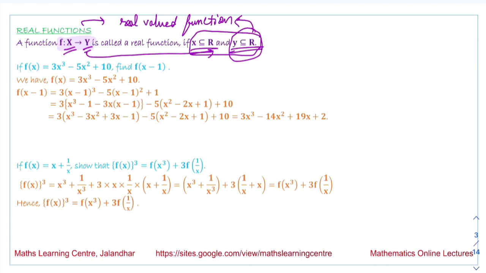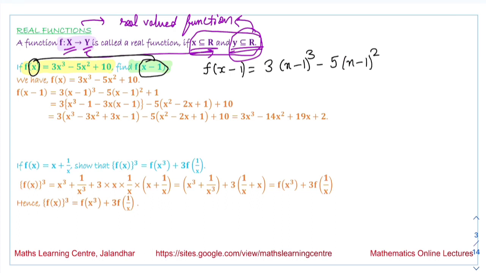The first example we have given over here is this function f(x) equal to 3x cube minus 5x square plus 10, and we have to find the value of f(x minus 1). It means in place of this x we have to write x minus 1. So when we replace all these values, f(x minus 1) is equal to 3 into (x minus 1) cube minus 5 into (x minus 1) square plus 10.